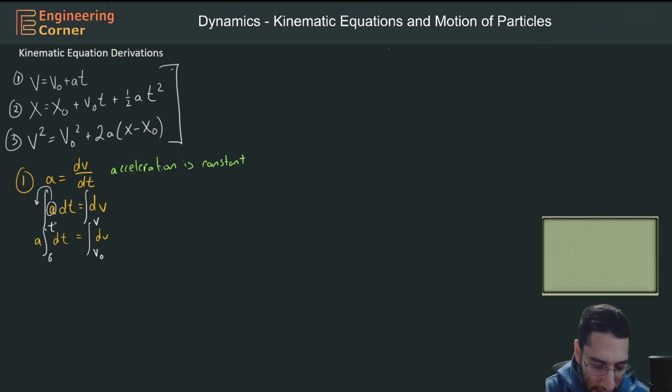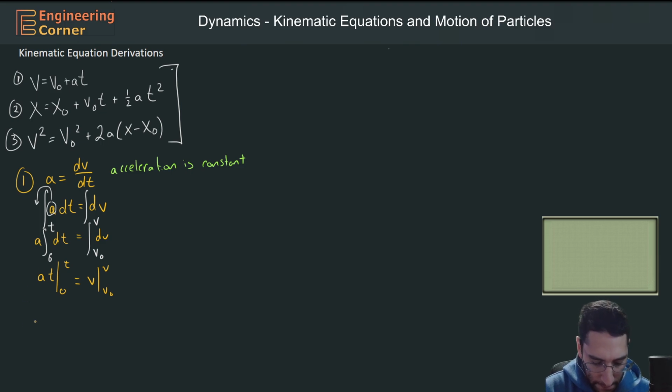So when I do this integral now, I'm just going to get a times t, evaluated from 0 to t, and this is equal to v, evaluated from an initial velocity to v. And our initial velocity, we could be moving with an initial velocity of something. It doesn't need to be 0, which is why this isn't just equal to 0.